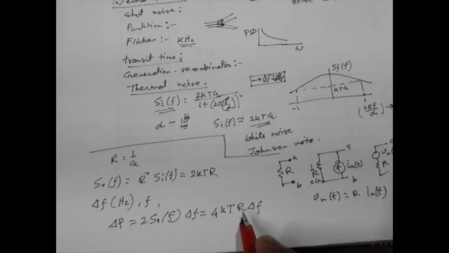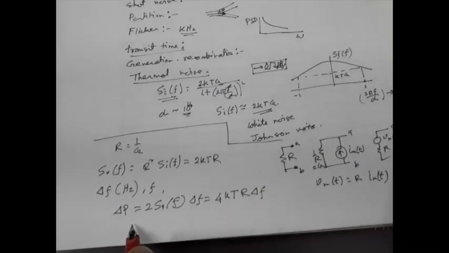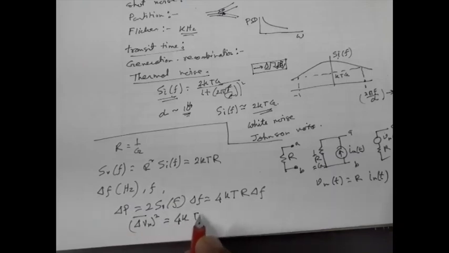So if the noise voltage Vn is filtered by a narrowband filter of bandwidth delta f hertz, the output voltage delta Vn of this filter will have a mean square value of delta Vn square bar equal to 4kTR into delta f.